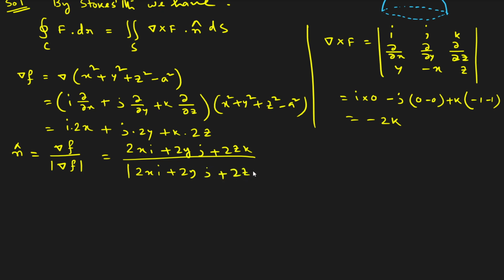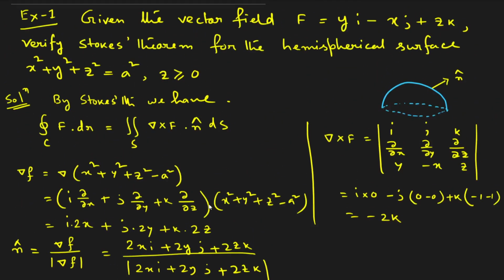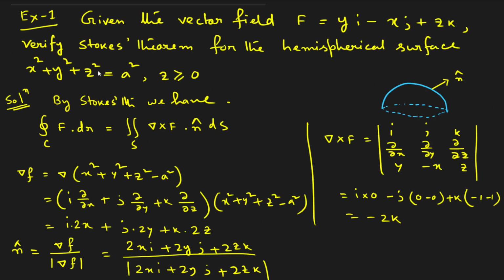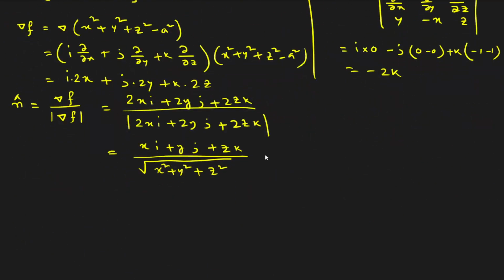If you calculate, the 2 cancels out: x i plus y j plus z k, divided by modulus of x i cap, y j cap, z k cap, which is nothing but root over x square plus y square plus z square. So you see in the question, x square plus y square plus z square equals a square. So if you put a square, then root over a square is how much?